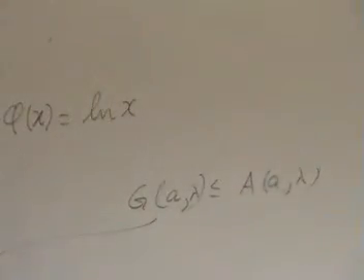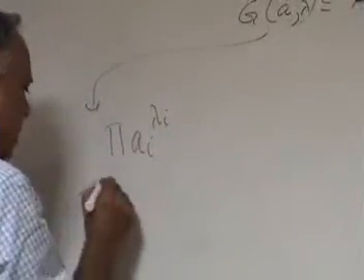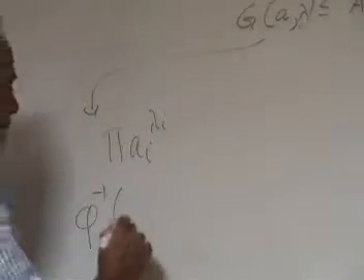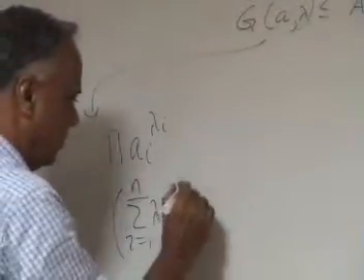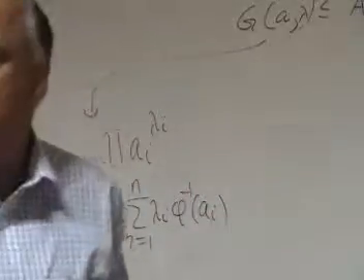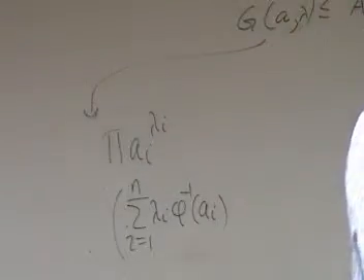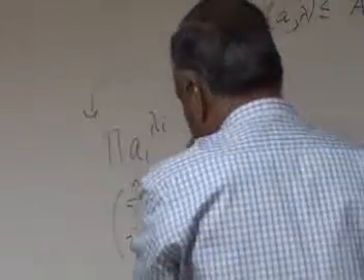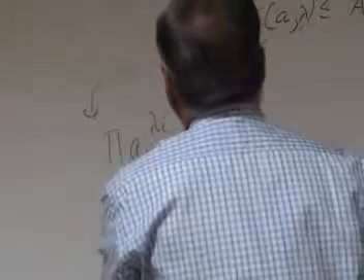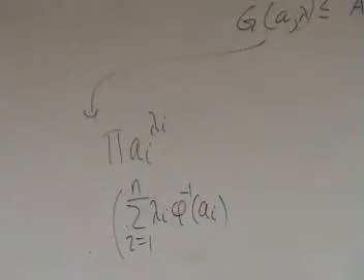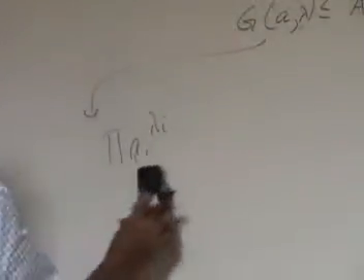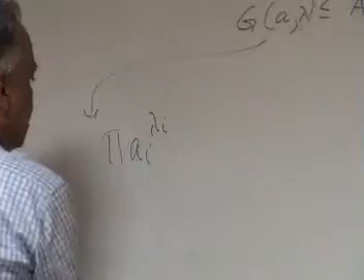It is the product of ai to the power of lambda i, which we can think of as the inverse function of the logarithm of the summation.